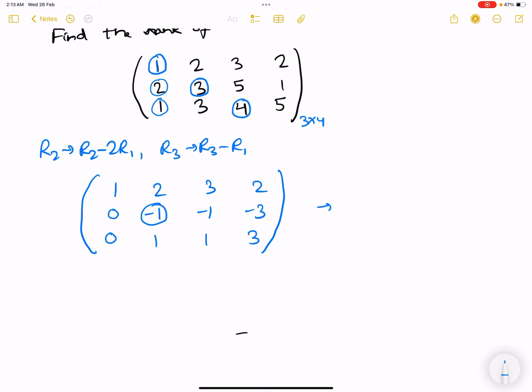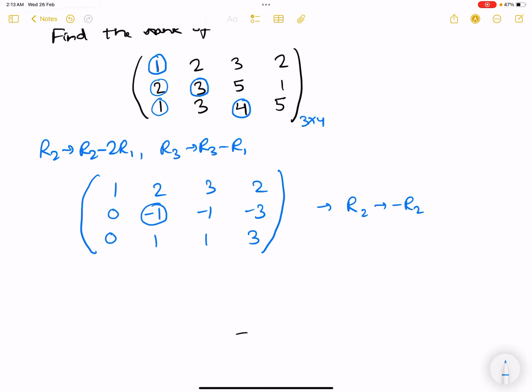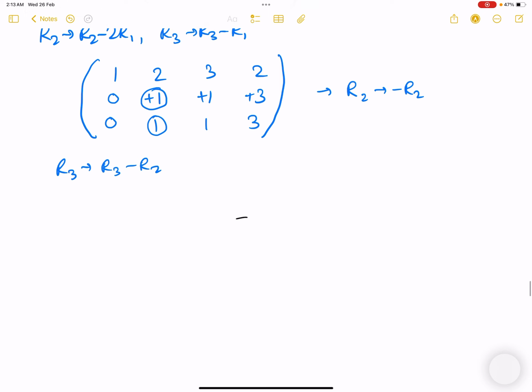Now make this 1, so we'll use the operation R2 goes to minus R2. So this would become plus, plus, plus. Then making this 0, R3 goes to R3 minus R2. We'll make this 0 with the help of this. So we have 1 0 0, 2 3 2, 1 1 3.